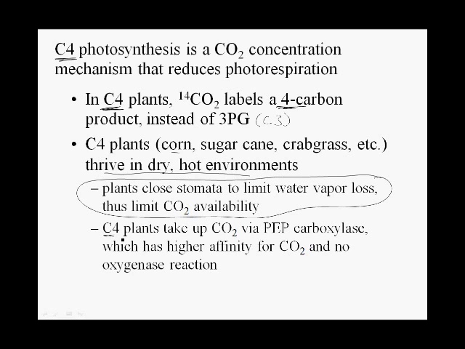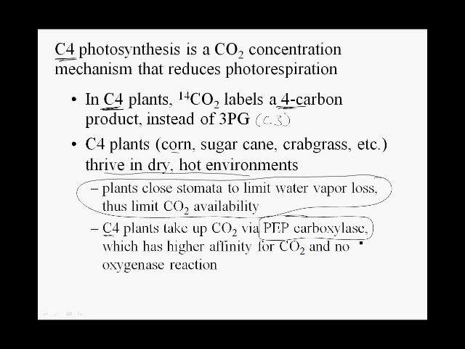So what C4 plants do is they initially take up carbon dioxide by a different enzyme, not Rubisco, but a different enzyme called PEP carboxylase. PEP stands for phosphoenol pyruvate. We'll just call it PEP. And the enzyme that adds CO2 to PEP is called PEP carboxylase.